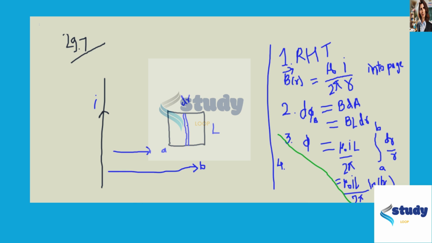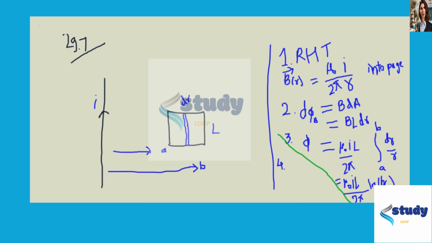So if the flux is increasing inside, the flux that this loop will try to create will try to come outside. And if you use the right hand rule again, with the finger coming outside, you can see the clockwise rotation of the electric field.